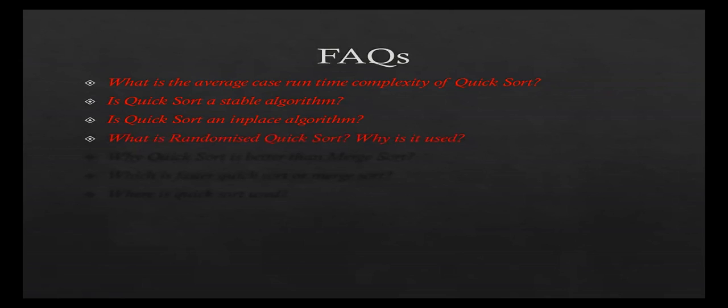Now, what is randomized quicksort and why is it used? We already discussed what randomized quicksort is, but we are going to repeat it again. Sometimes choosing the rightmost element at all times might result in the worst case scenario.